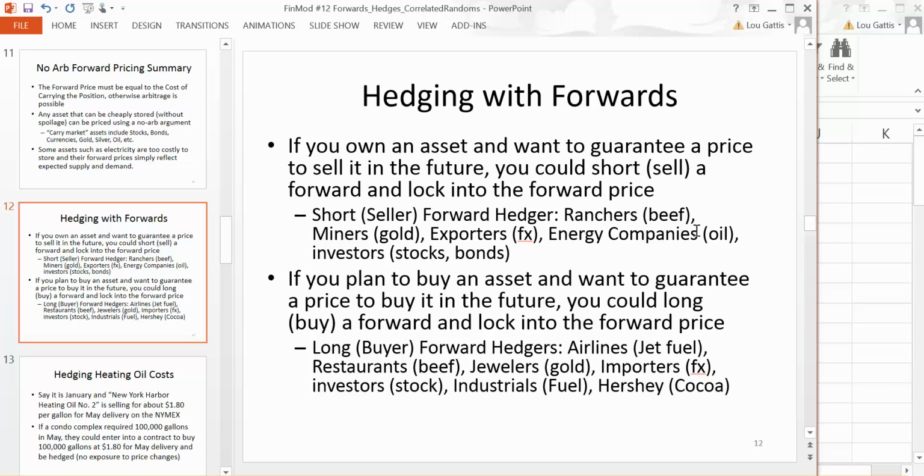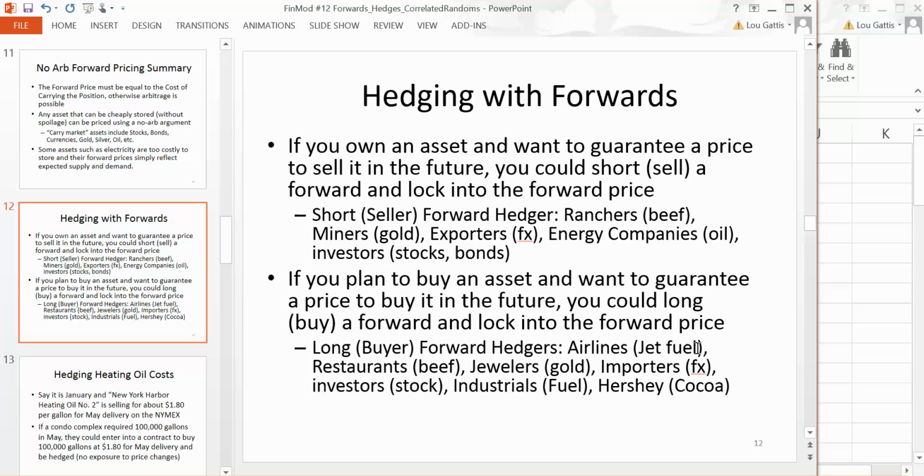Energy companies could enter into forward contracts to sell oil. Investors could enter into contracts to sell stocks that they own. On the other hand, some participants may determine they need to buy an asset in the future. For example, an airline determines it needs jet fuel in the future.